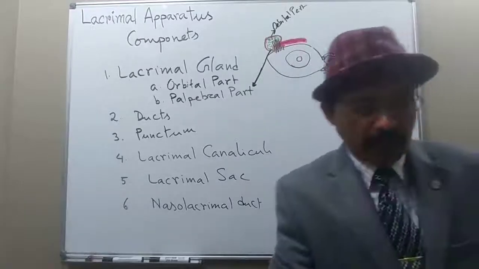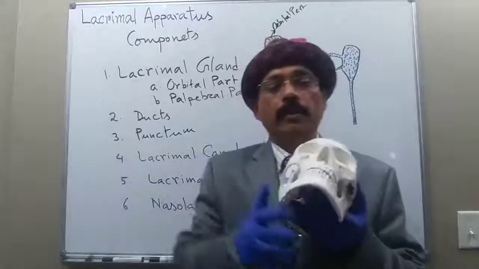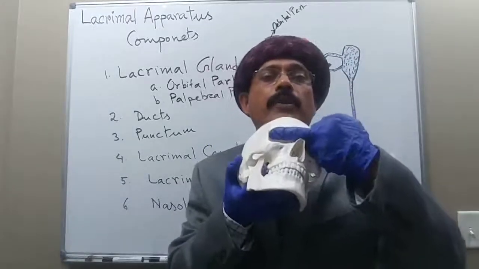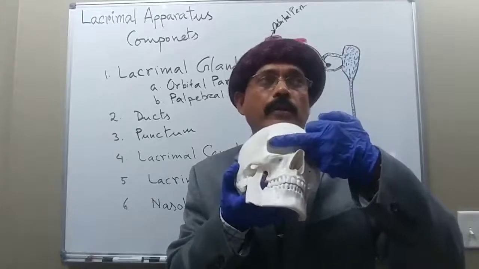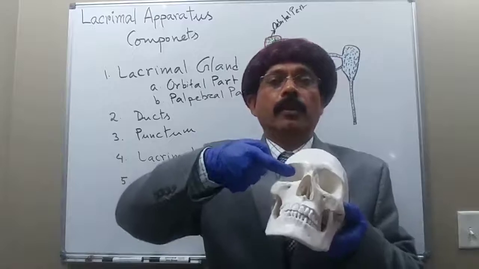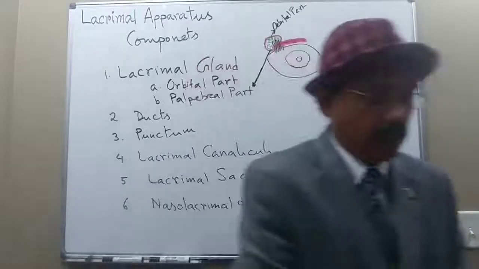The orbital part is larger, that is present in the orbit along the antero-superior part of the roof of the orbit. Here is the location of the orbital part of the lacrimal gland.